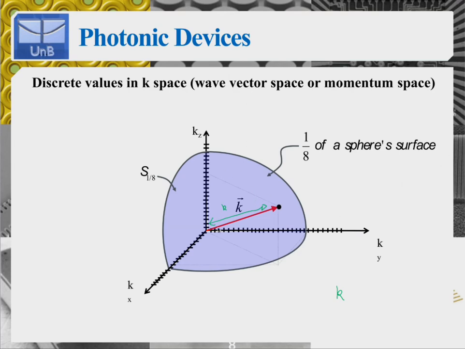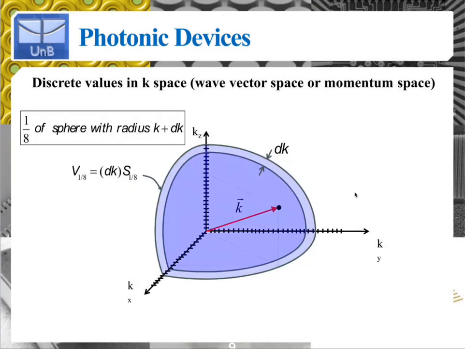We are only concerned with the first octant, or the 1/8 of the sphere that is shown here, because we are only concerned with K's that are the magnitude of the wave vector K. So just the positive values: positive values of Kx, Ky, and Kz. That's why we're only concerned with this first octant, this 1/8 of the sphere.